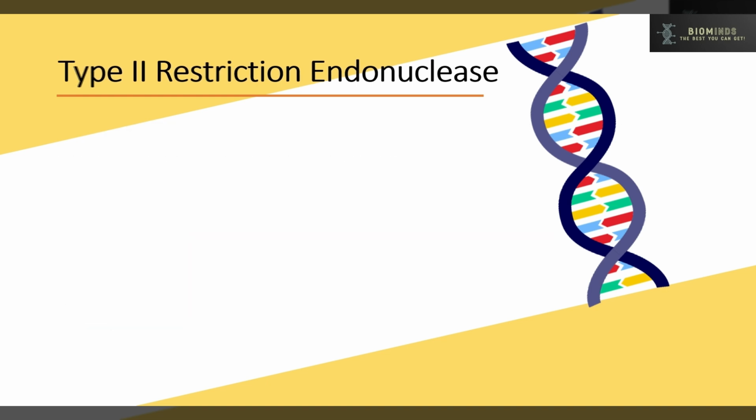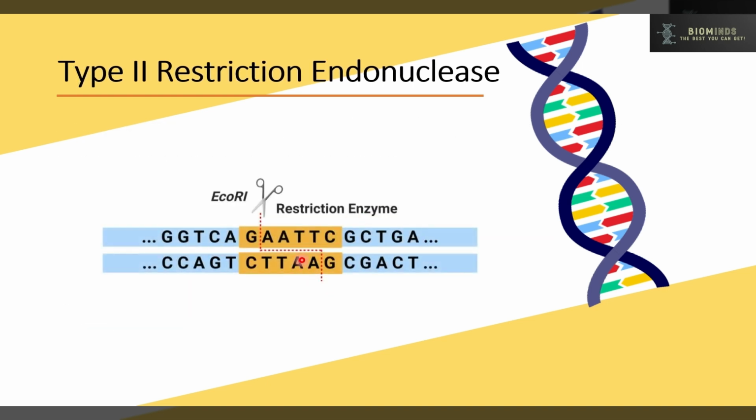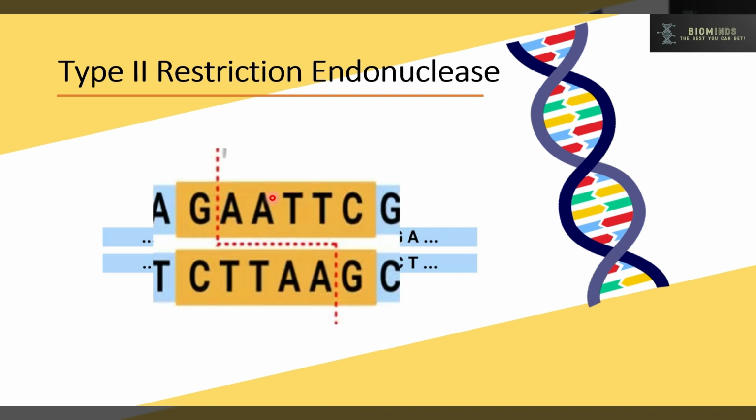So how does it cut? EcoR1 has the recognition site GAATTC. EcoR1 just identifies the sequence GAATTC, and it will cut between the G and A on both strands. So this is how it will cut.